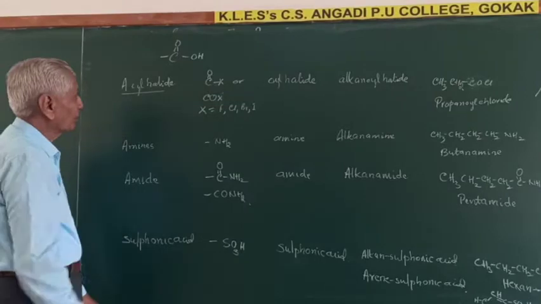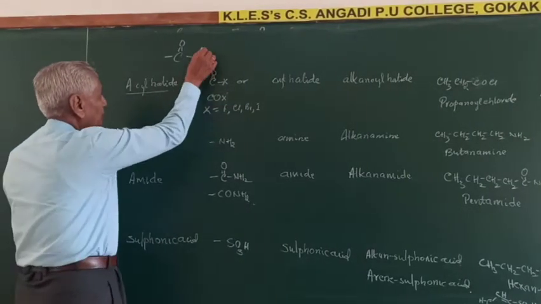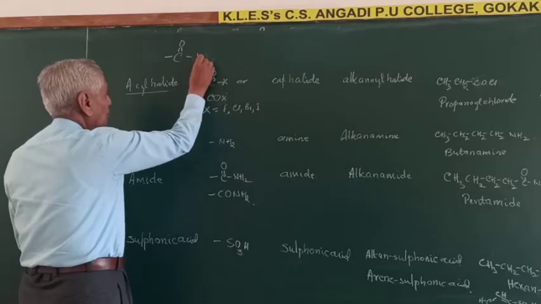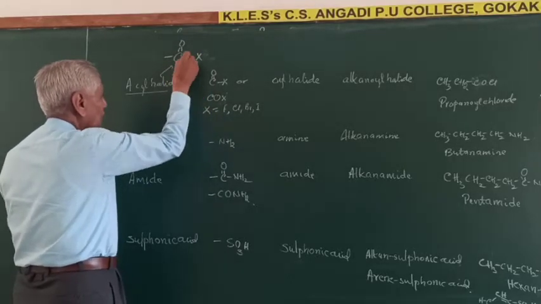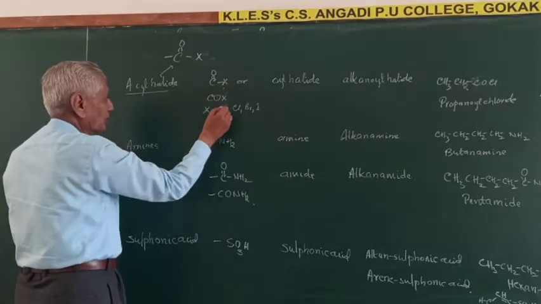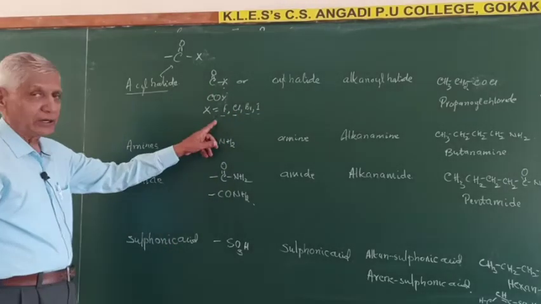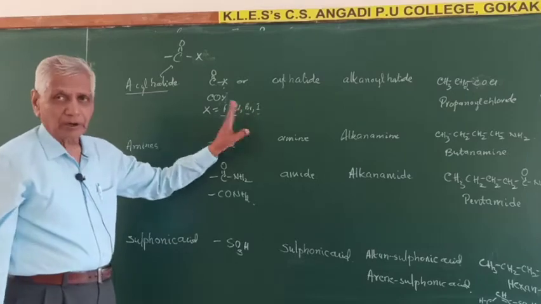Now the acid chlorides are obtained by replacing the OH by Cl or X. So COX is the acid halide, where X stands for F, Cl, Br or I, which will be fluoride, chloride, bromide or iodide.